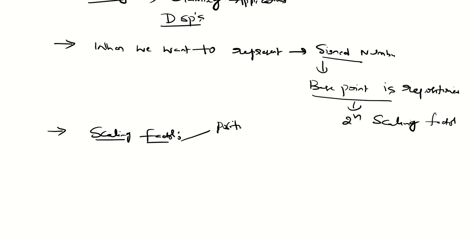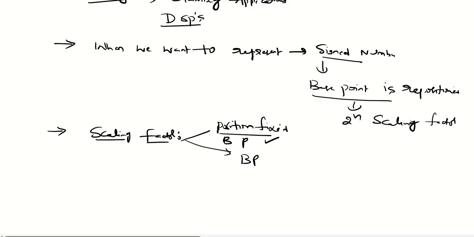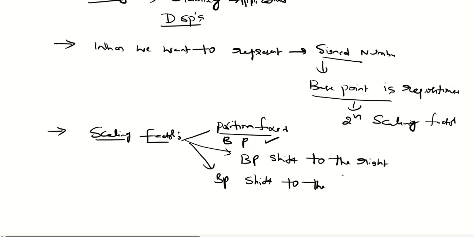The second case is that the base point is shifted to the right. And the third case is that the base point is shifted to the left. Which condition exists in these three cases?